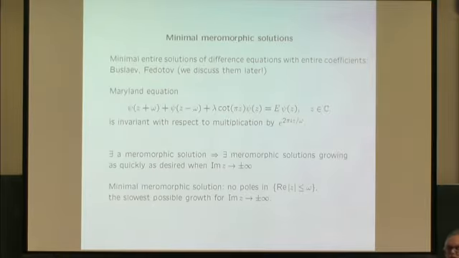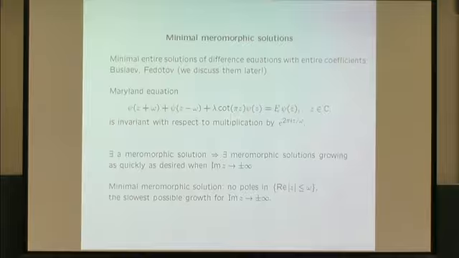Otherwise you can take a meromorphic solution of this equation and divide it, say, by an omega periodic cosine. Then you add poles, but your solution will increase slowly at plus and minus I infinity. So first you have to make some additional assumptions on the set of poles.